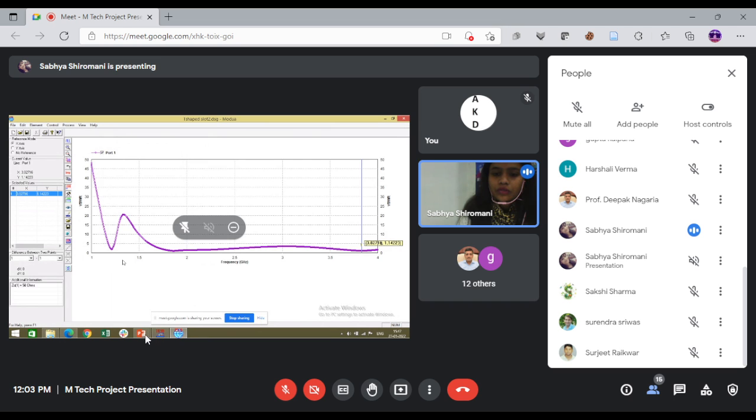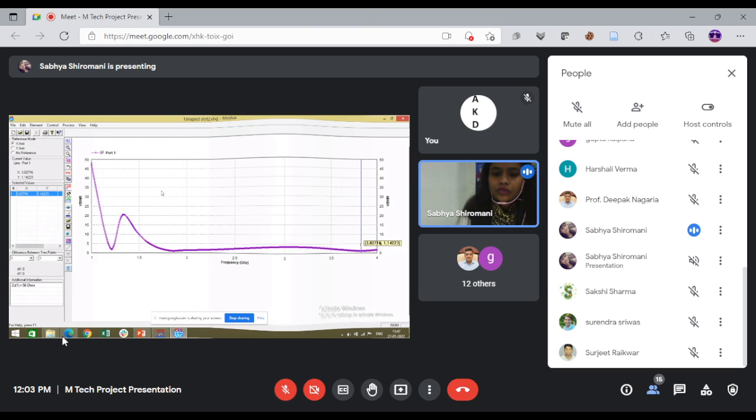So here we have the voltage standing wave ratio versus frequency graph, which is another result, where you can see at the frequency 3.8, where I was getting the return loss, I am getting the VSWR as 1.14, which is quite near to the standard one, as the required result should be.